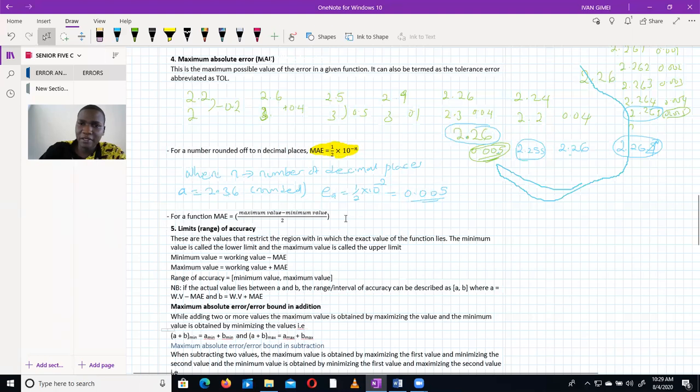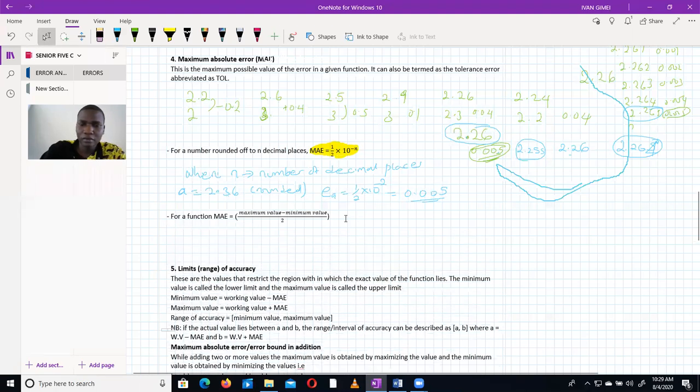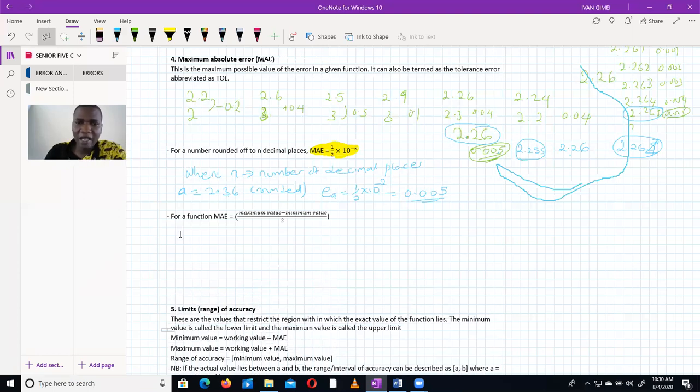Let me create more space here. Now, let's say my maximum value is 2.265. It has been given as that. My minimum is 2.255, and they ask you to find the maximum absolute error in the value. Of course, they are saying the exact value lies between the maximum, this one, and the minimum, that one.